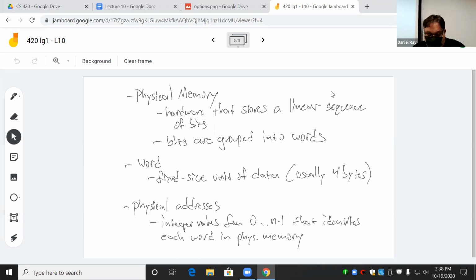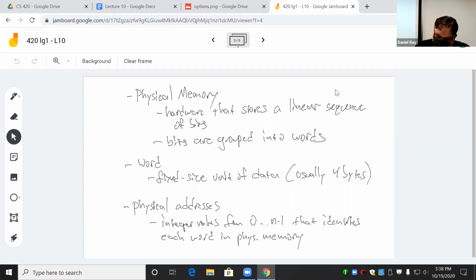Each address comprises a fixed number of bits, because there is one per word. Words have a fixed number of bits, and the physical addresses have the same fixed number of bits. The addresses themselves are also made up of some number of bits because they're numbers.